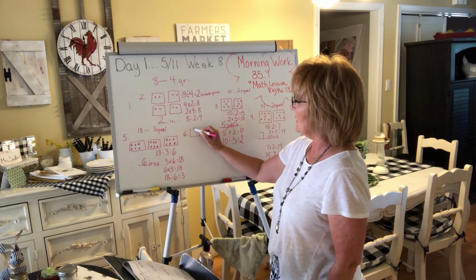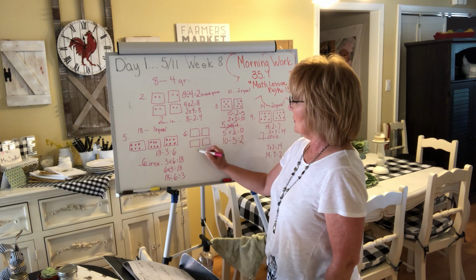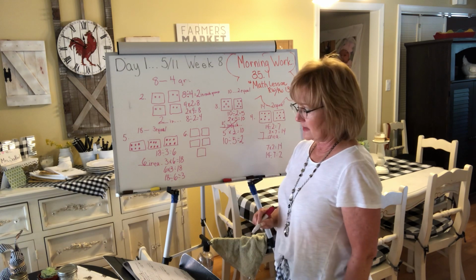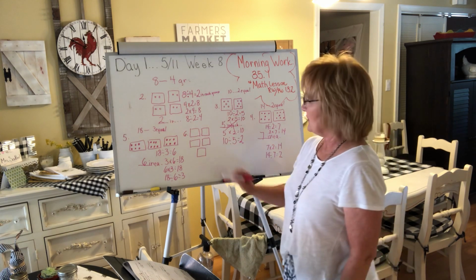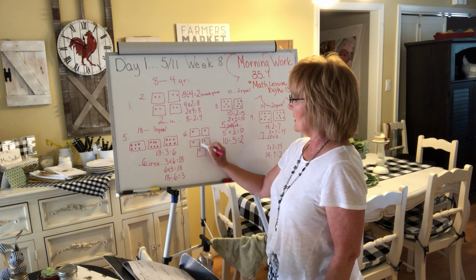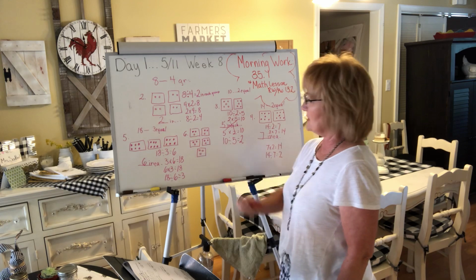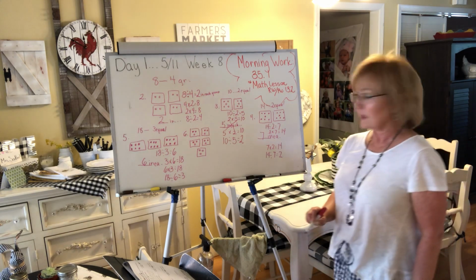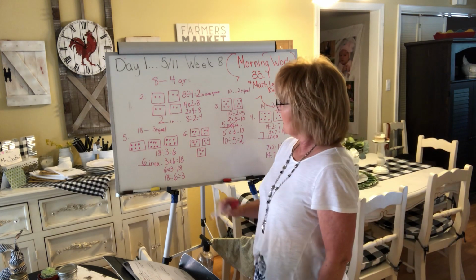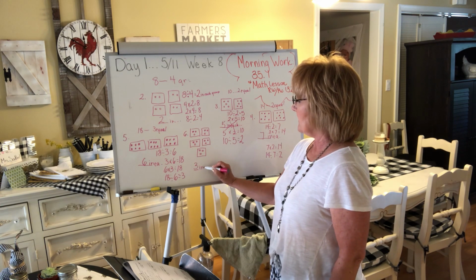So make your 5 groups. 1, 2, 3, 4, 5. That's how I have to fit mine. So we got 15. 1, 2, 3, 4, 5, 6, 7, 8, 9, 10, 11, 12, 13, 14, 15. Besides looking like a robot, it is 3 in each group. All right?